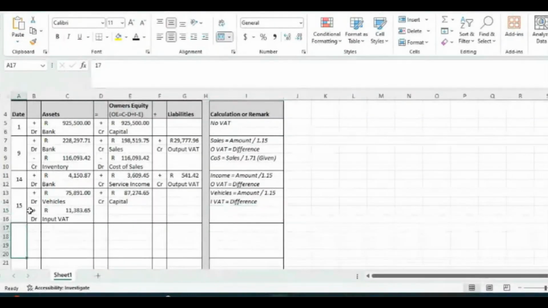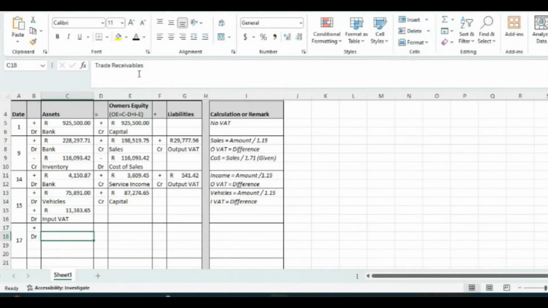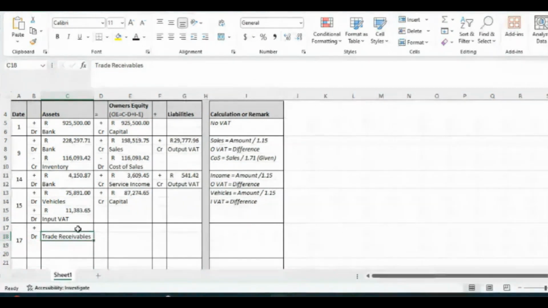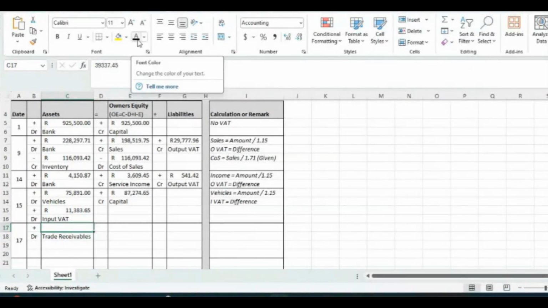So on the 17th, there is an asset account that is going to increase and will therefore be debited. That asset account is trade receivables or debtors control, pending, doesn't matter. Won't be penalized if you use the other word. And that is the full amount that is given to us.